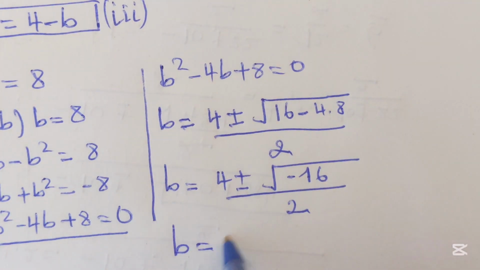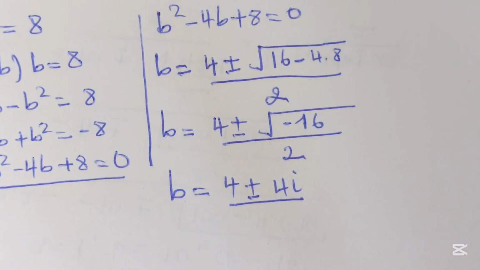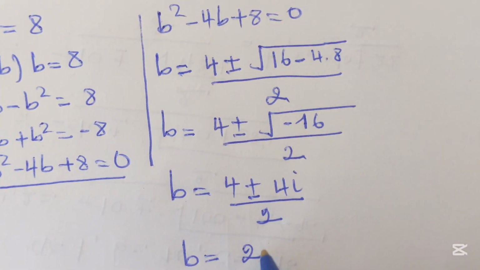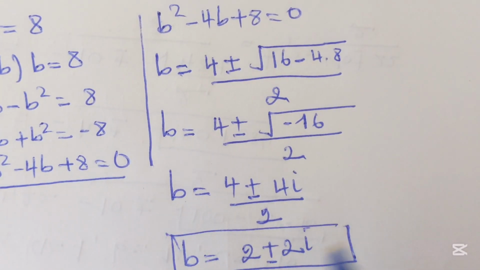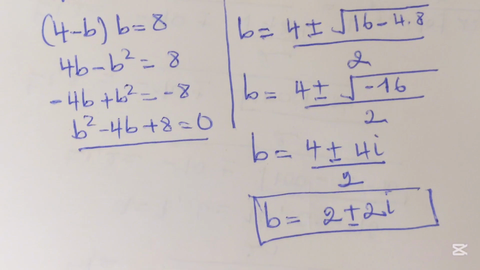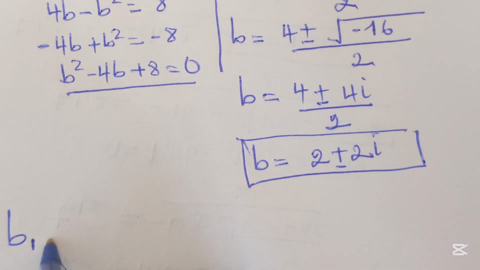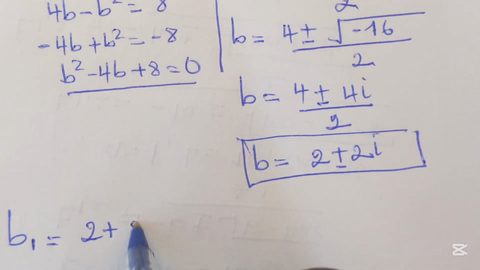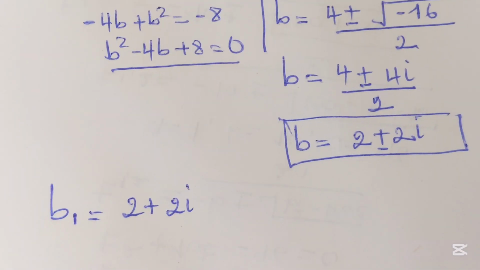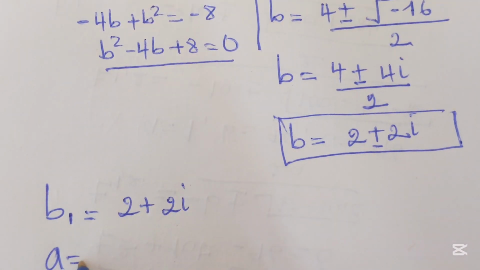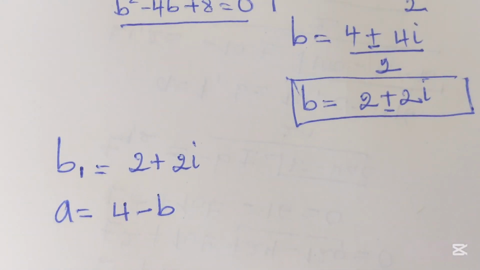Now b will be 4 plus or minus 4i over 2, whereas our b will be 2 plus or minus 2i, like this. Now we know if we have b1 equals 2 plus 2i, then here we know our a equals 4 minus b, okay?